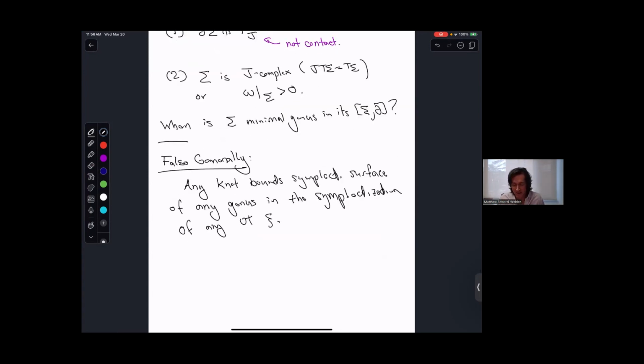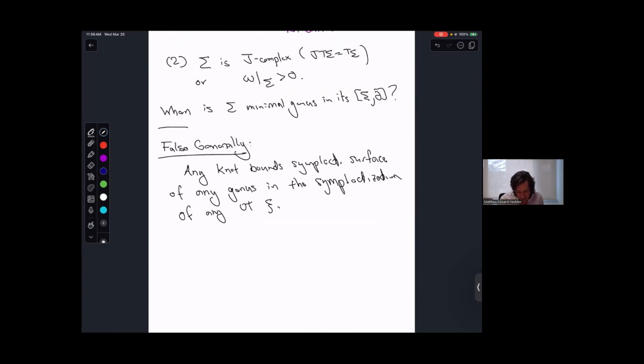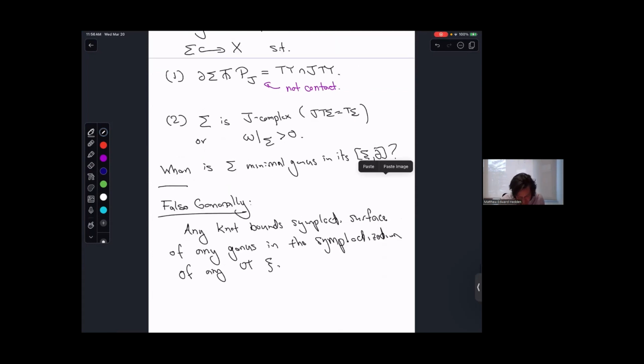So this is some kind of topological argument. But curiously, to me at least, even in this overtwisted setting, there are certain situations where we can prove that properly embedded symplectic surfaces still minimize genus in their homology class.